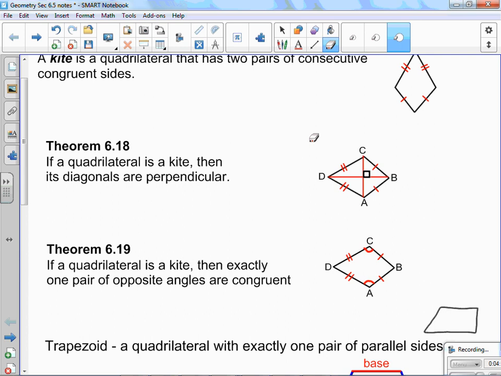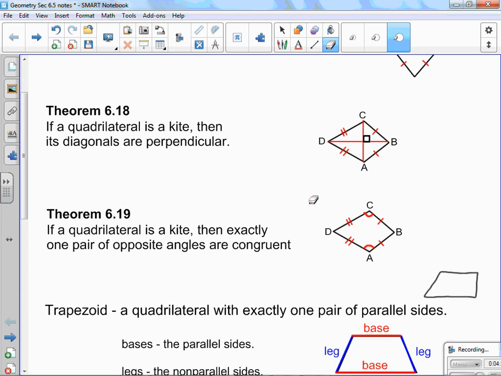And theorem 618, if a quadrilateral is a kite, then the diagonals are perpendicular. So if we know it's a kite, then when we put the diagonals in, they're going to intersect at a right angle. Theorem 619, if a quadrilateral is a kite, then exactly 1 pair of opposite angles are congruent.